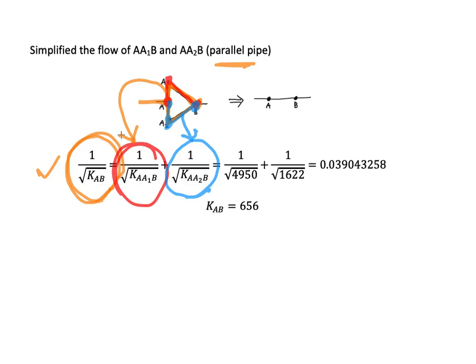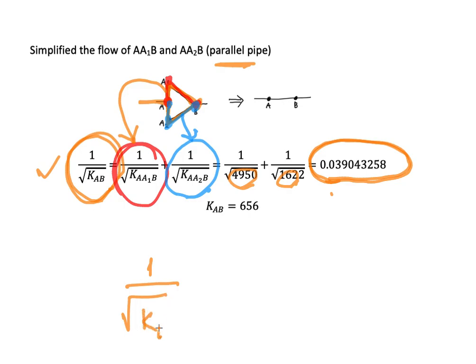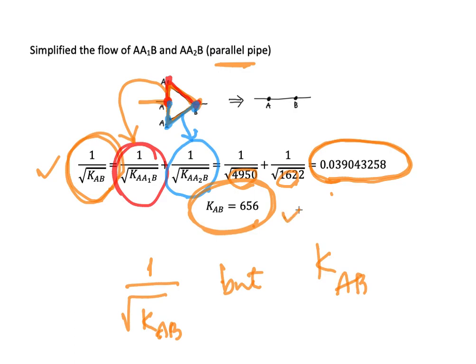Then we substitute the value of K here and we get this value. Please bear in mind, this value is actually 1 over square root K AB. But we want to find the value of K AB, so you need to solve the mathematical problem here. Then you could get the value of K AB is 656.